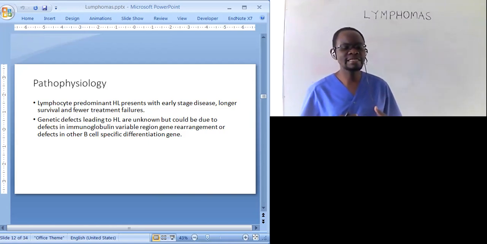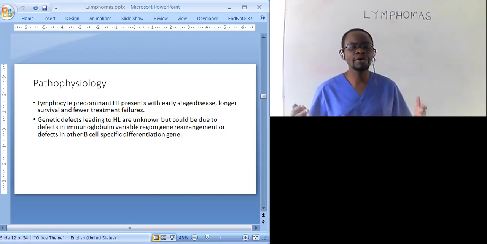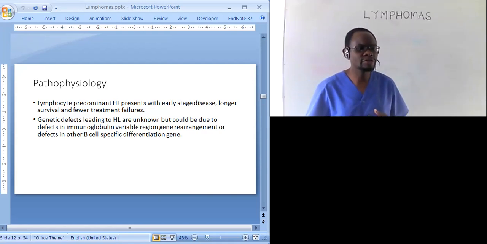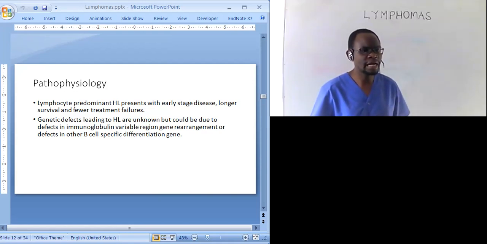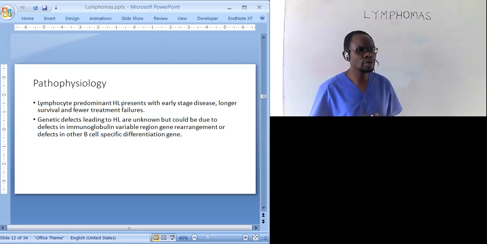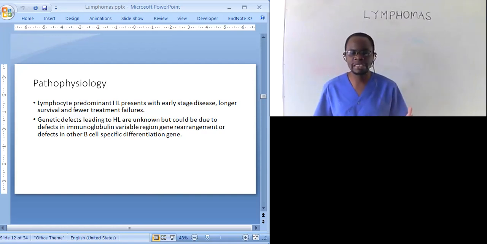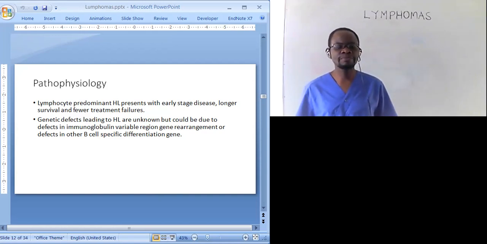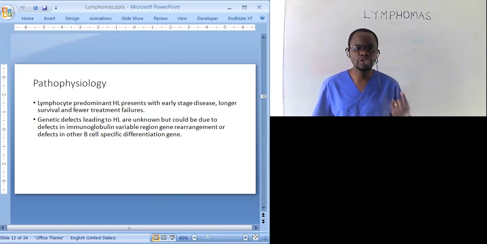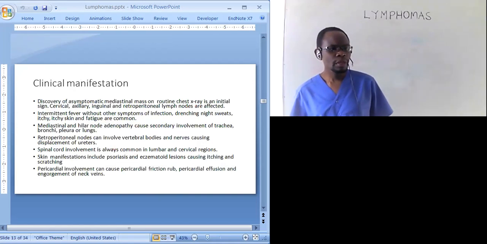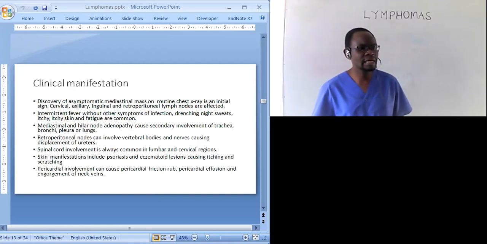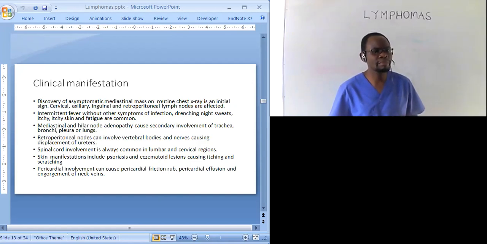And for that case, someone can have a longer survival, years of survival and all that. So in simple terms, that is Hodgkin's lymphoma.